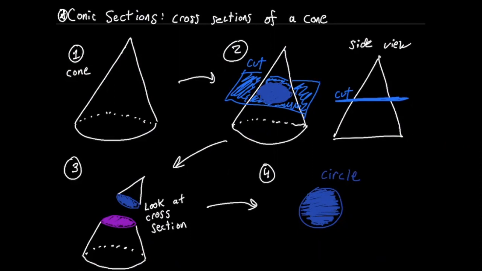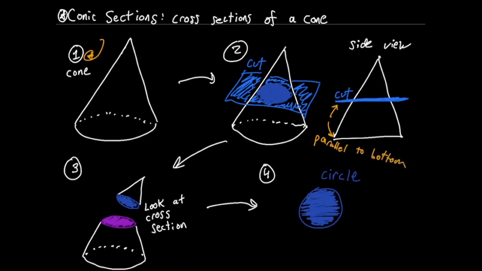For example, starting off here, we start with a cone in number 1. And then for number 2, what we're doing is we're cutting out a section of that cone. And I have a flat piece of paper there to represent what we're cutting. And I also have a side view to show you that the paper that we're cutting is actually parallel to the bottom of the cone.